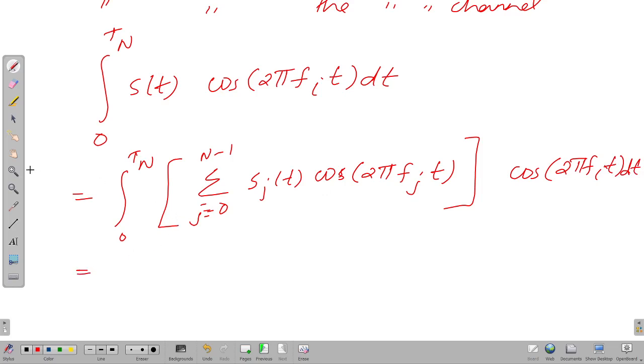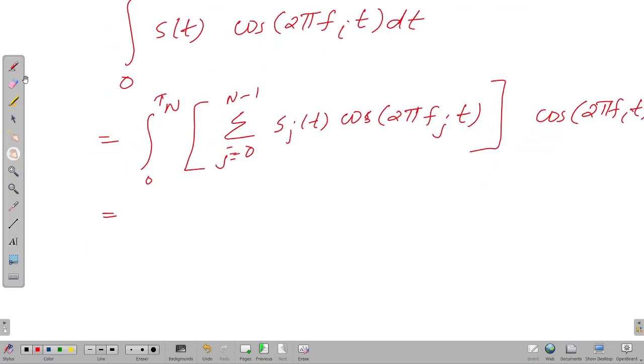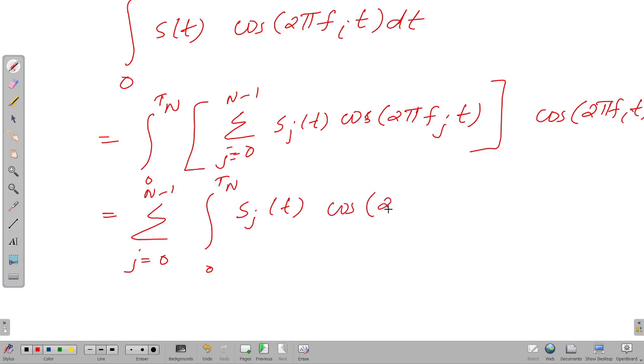And I can interchange summation and integration because they are linear operations. Summation j equal to 0 to n minus 1, integral 0 to Tn, Sj of t into cos of 2 pi fj t cos of 2 pi fi t dt.